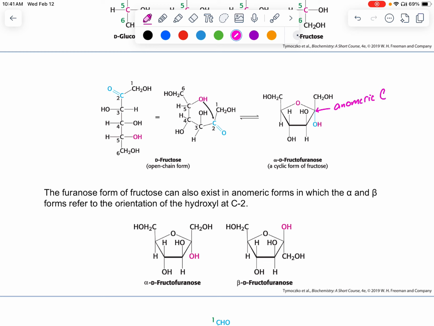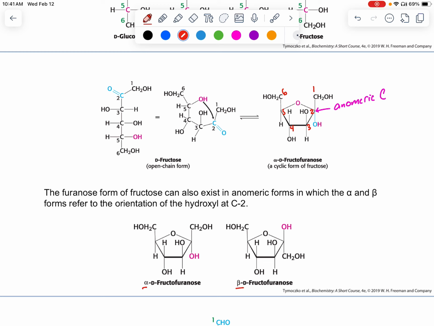If I want to number these again, this is a little different, right? Because this was carbon 1, this was carbon 2, 3, 4, 5, 6. So now we get a 5-membered ring. We can still classify them as alpha or beta.